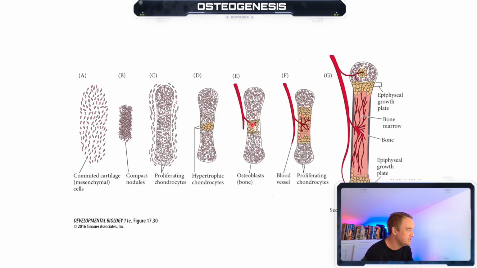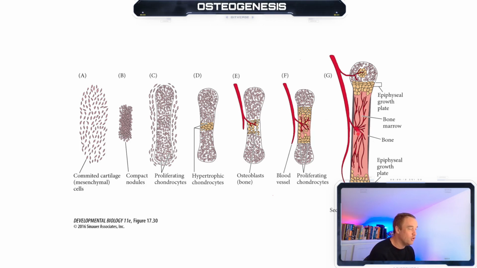The blood vessels then bring in osteoblasts, which are bone creating cells, and this binds to the formerly cartilaginous matrix, so the cartilage that's breaking down, and it starts to deposit bone matrix in its place. So it comes in and replaces all that cartilage with what's going to be the bone ECM, or extracellular matrix, and then the bone formation and growth.